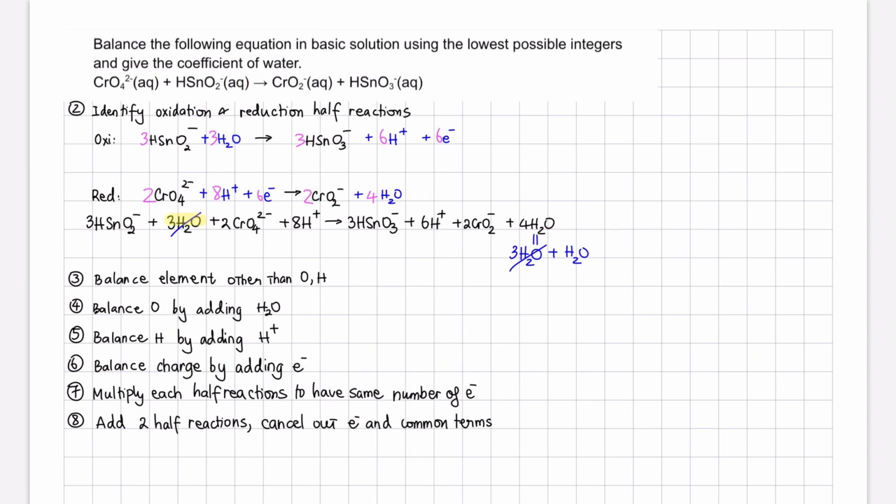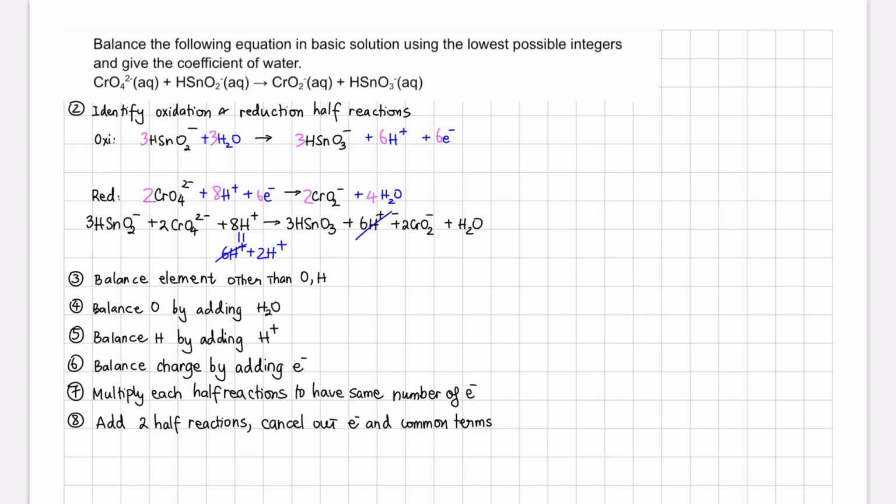We have 3 H2O on the left and 4 H2O on the right. So we can cancel out the 3 H2O on both sides to be left with just 1 H2O on the right. Moving on, another common term is H plus. So we've got 8 H plus on the left and 6 H plus on the right. So we can cross out the 6 H plus on both sides to be left with just 2 H plus on the left.